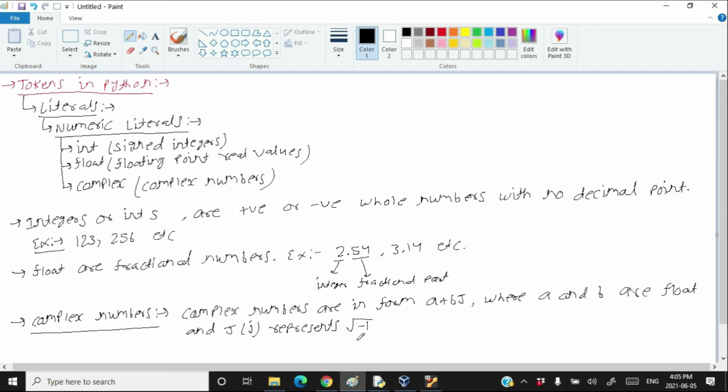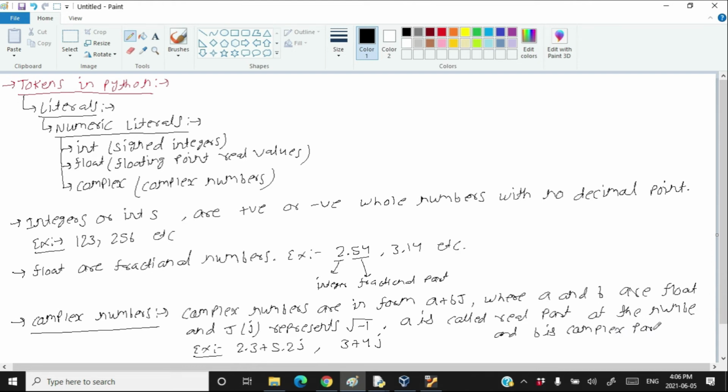So this is the complex number. Examples of complex numbers are 2.3 plus 5.2j. Another example is 3 plus 4j. See, integers are a subset of floats. Here you can easily use integer or float, both. Here in this case, a is called the real part of the number and b is the imaginary part of the number.